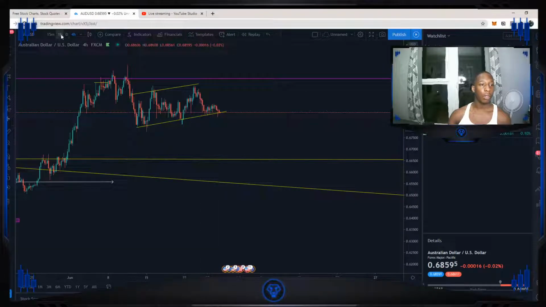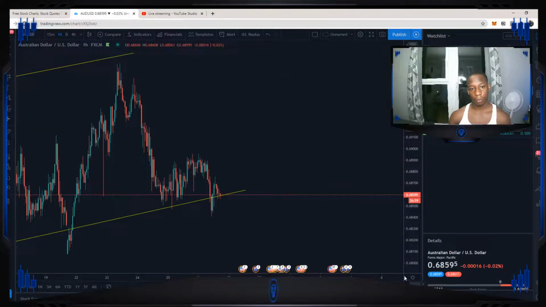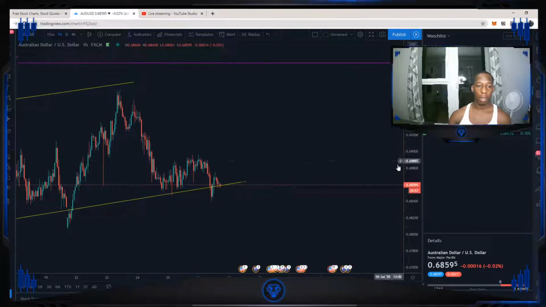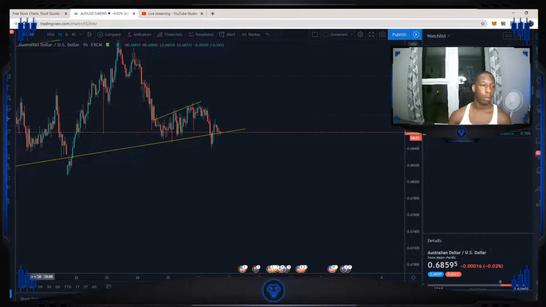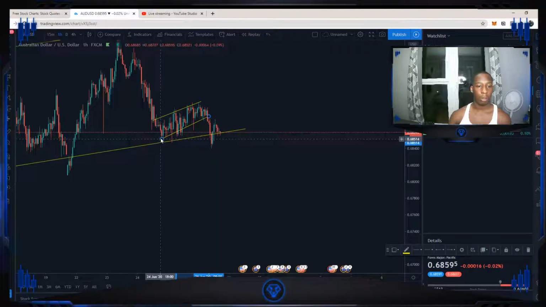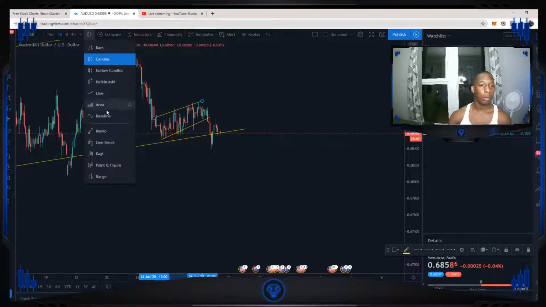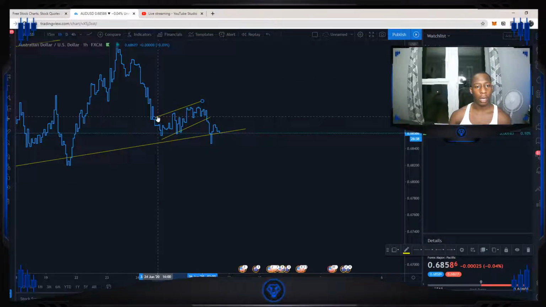So hopefully, let's go to the hourly time frame. Hopefully we can see a dropout, so we can see another bear flag within it as well. It's very messy. You know what? Go to a line chart.